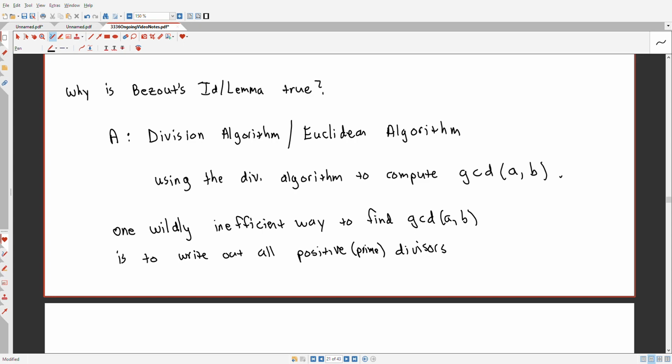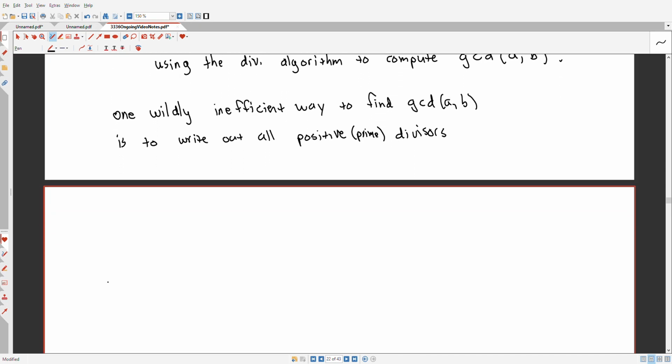Well, something I didn't emphasize when I mentioned the fundamental theorem of arithmetic is that while it's true every number can be written as a product of primes, finding those prime numbers can be very, very tricky. Not only tricky, it's currently very mysterious how that might work for very large numbers. So this process of computing GCDs that we have right now is really inefficient. It was Euclid who came around and found a better way.